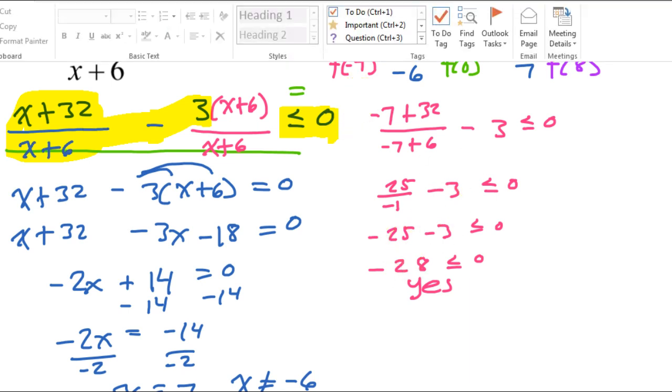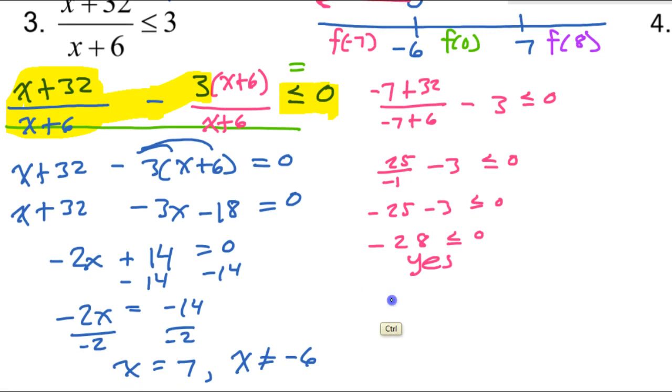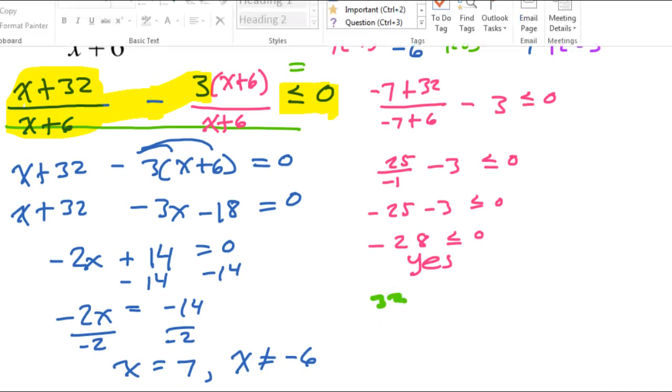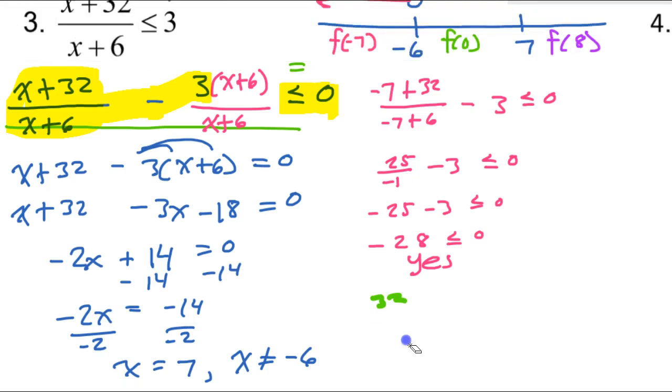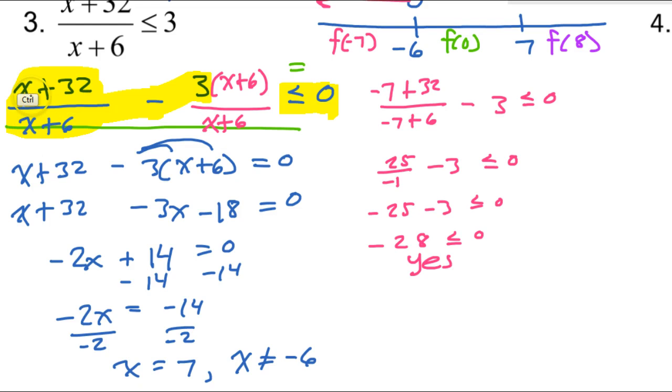Okay, now for the 0, if I put 0 in for these x's right here, that's going to give me 32 over 6 minus 3 is less than or equal to 0.